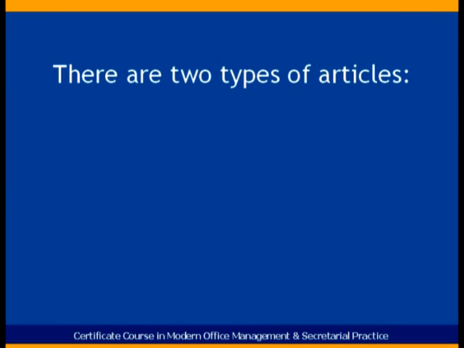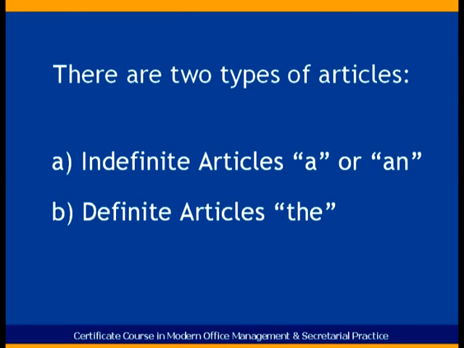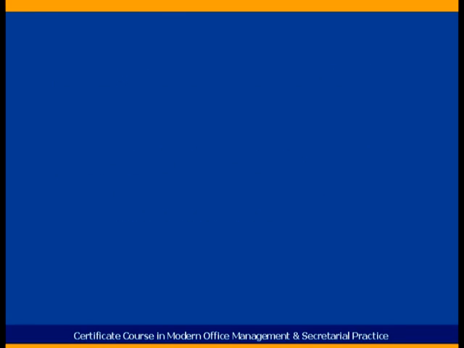There are two types of articles. Indefinite articles like a or an, and definite articles like the. Indefinite articles like a or an refer to a single general thing.